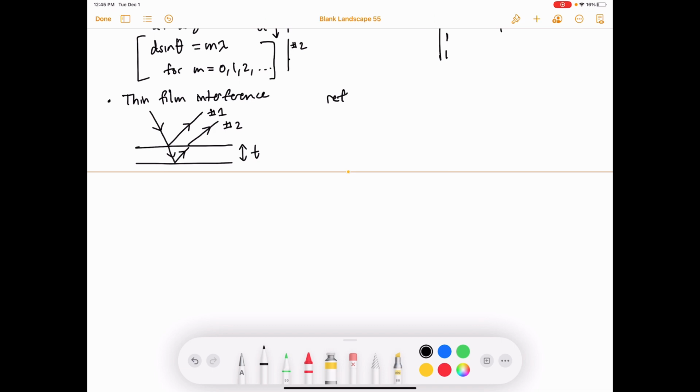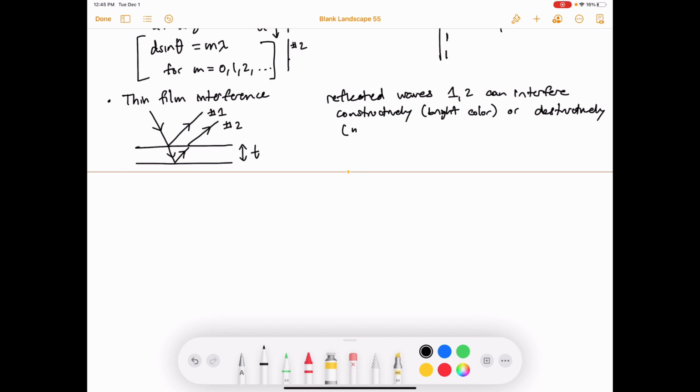So the reflected waves 1 and 2 can interfere either constructively or destructively. When you have constructive interference, you see a bright color. When you see destructive interference, you see a missing color, so you don't see any reflected light there.